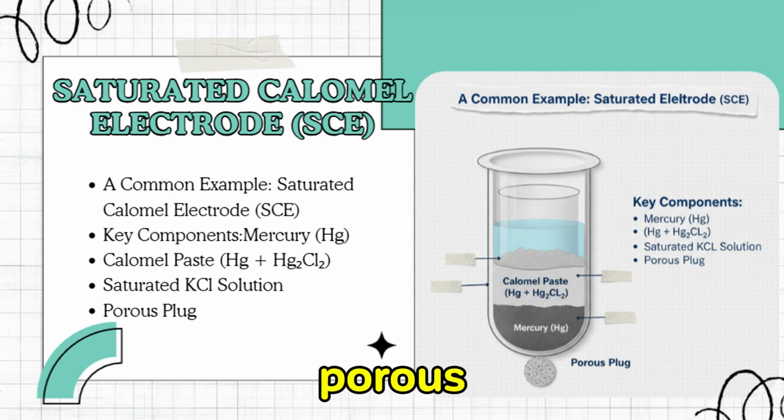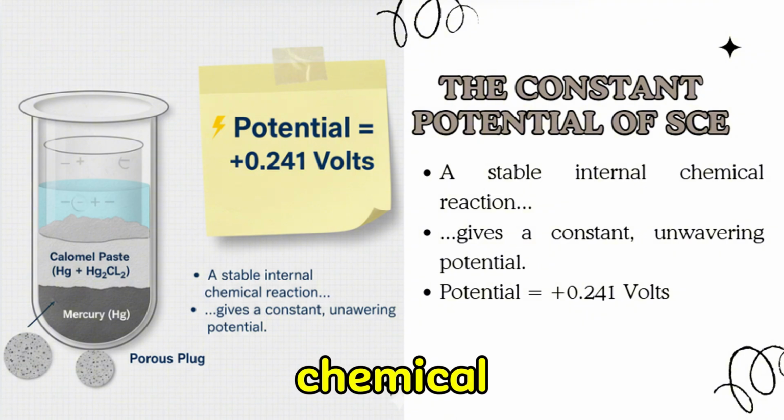A tiny porous plug at the bottom allows electrical contact with the test solution without letting the insides leak out. The chemical reaction happening inside is perfectly stable, giving it a constant potential of positive 0.241 volts.